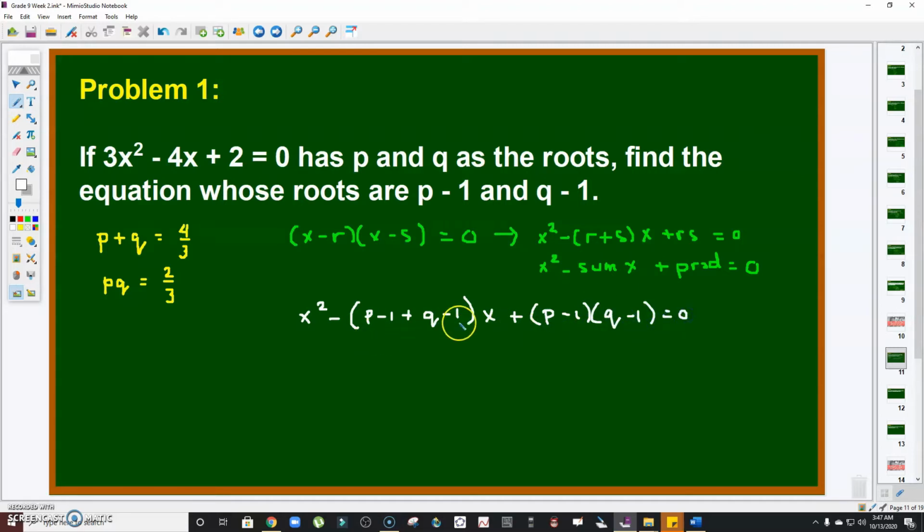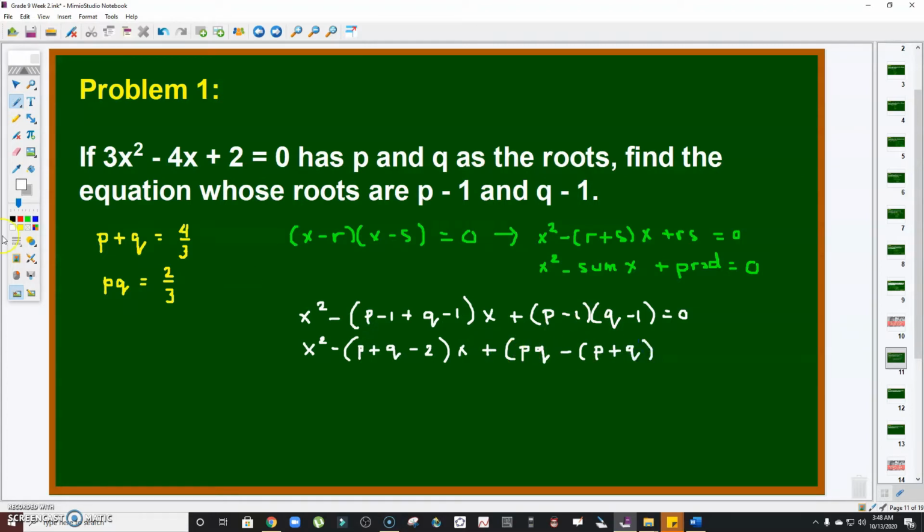There you go. So we need to simplify this. Take note, let's combine. That is p plus q, negative 1 and negative 1, so that's minus 2x. Plus, using the FOIL method, I'm going to have pq, negative q, negative p, or negative (p plus q).